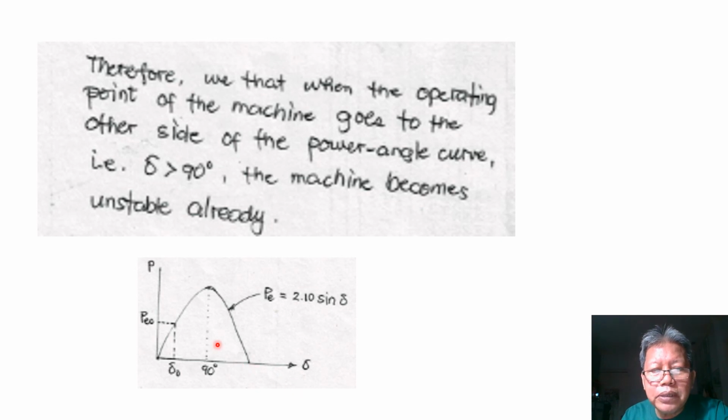But if the machine is operating at this side of the sine curve, between 0 and 90 degrees, where the synchronizing power is positive, then our machine is stable, because it can just swing along this curve.